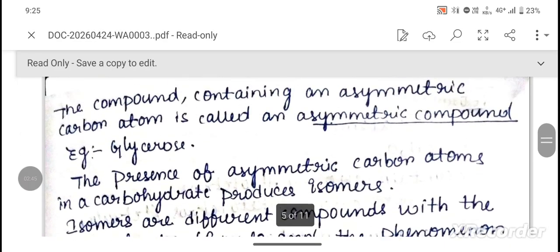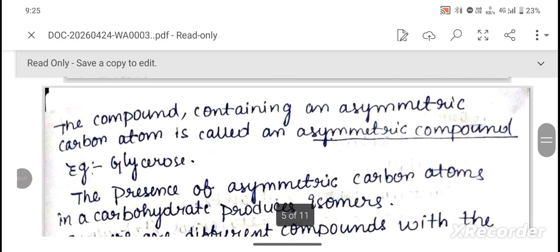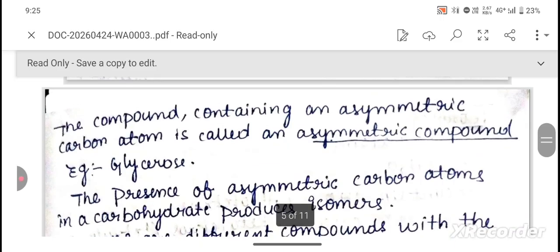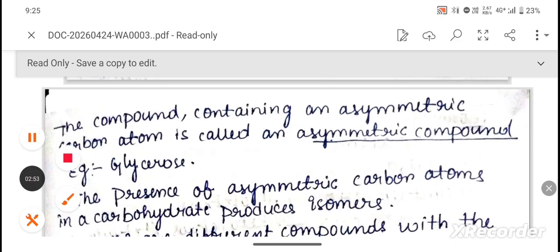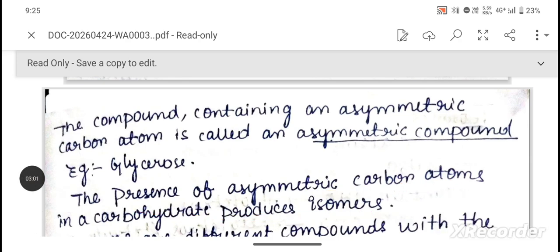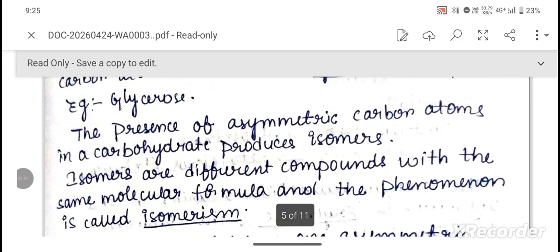The main property of asymmetric carbon compounds is the formation of isomers. The presence of asymmetric carbon atoms in a carbohydrate produces isomers. So what are isomers?